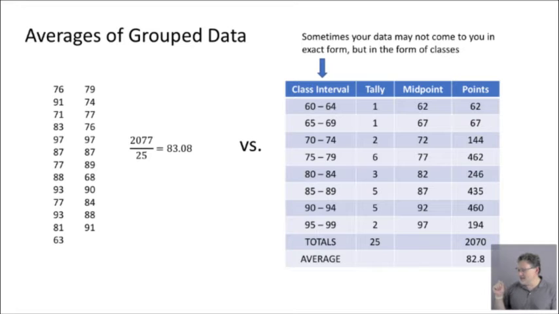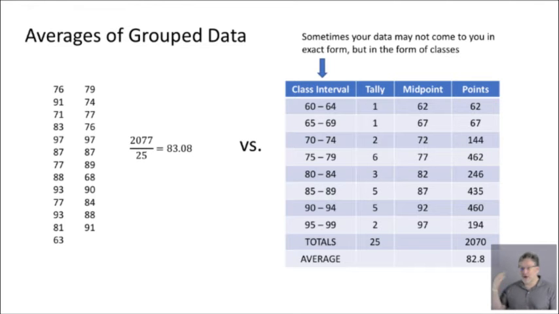So in the first row, I'm assuming that the grade this one student had in that tally was in fact 62. And three more rows down, I'm assuming that all 6 of those students who had a grade somewhere in the 75 to 79 range in fact had a grade of exactly 77. So I'm representing them using the midpoint of each of those ranges.